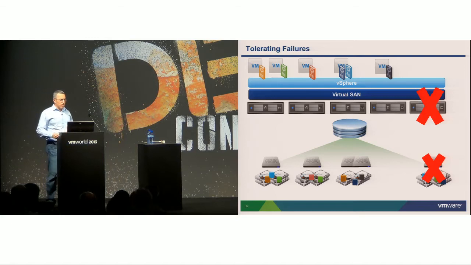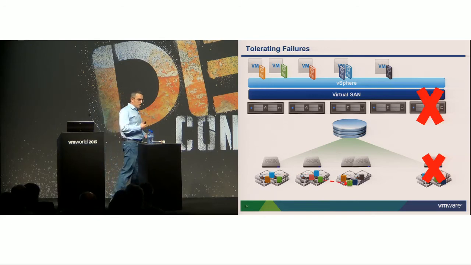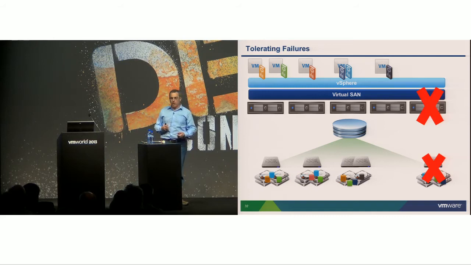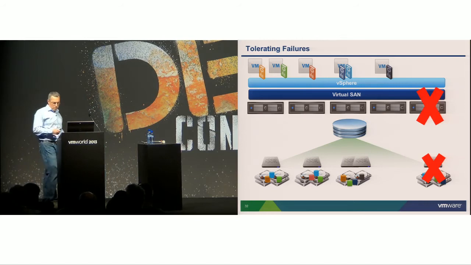This reconstruction happens in the background and in parallel to the normal operation of VMs. In fact, vSAN has algorithms and scheduling mechanisms that ensure the reconstruction traffic will be throttled back and will not affect the normal operation of the workloads in the cluster.